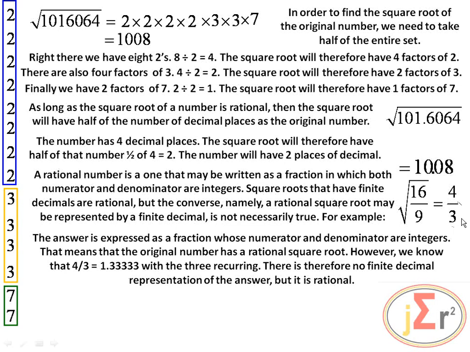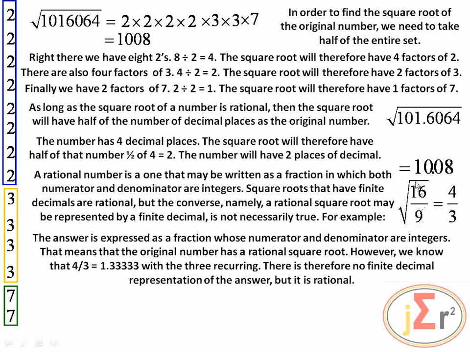However, we know that 4 divided by 3 is equal to 1.33, going all the way with the 3 recurring. There is therefore no finite decimal representation of the answer, but it is rational. It is the rational square root of 16 over 9.